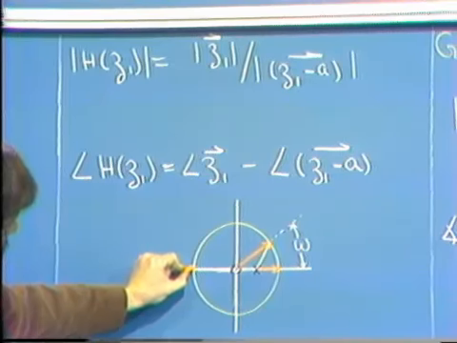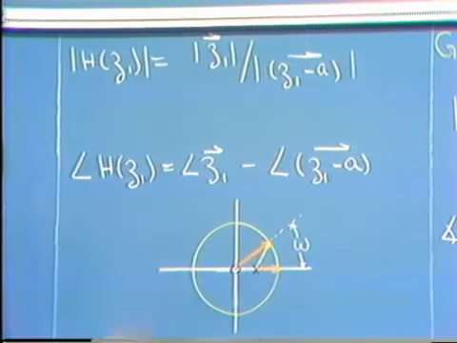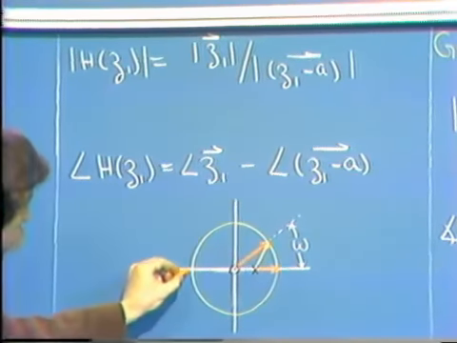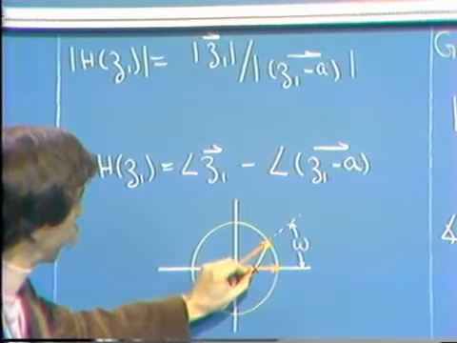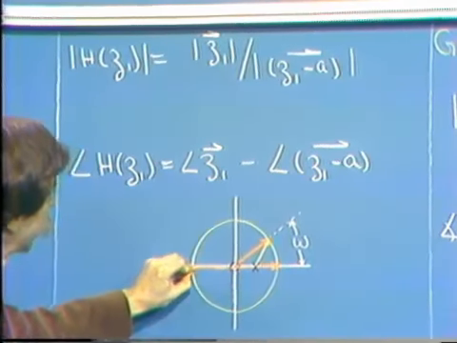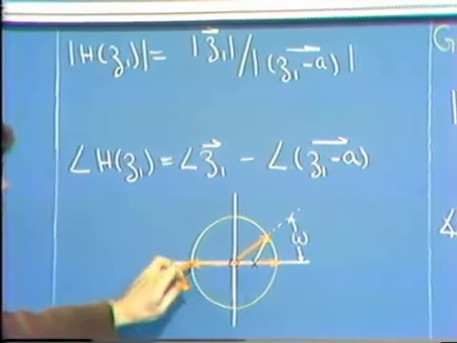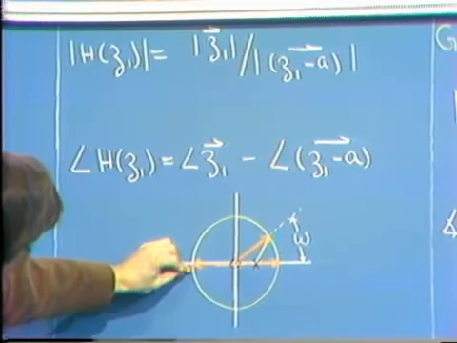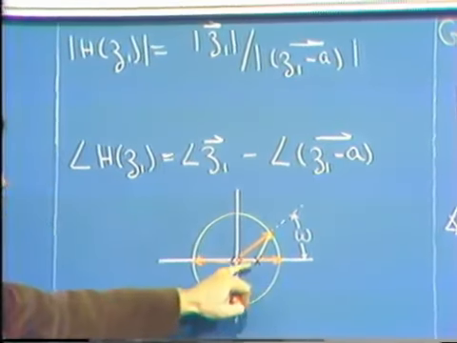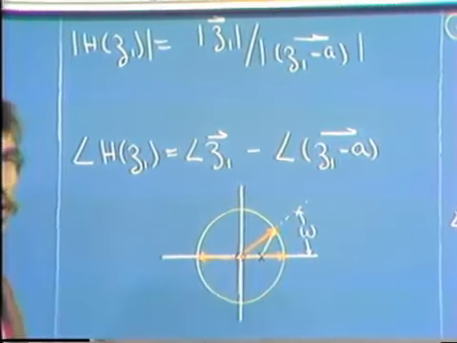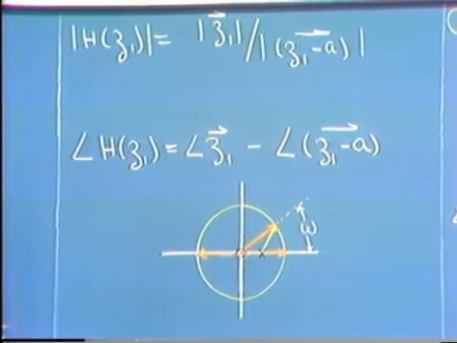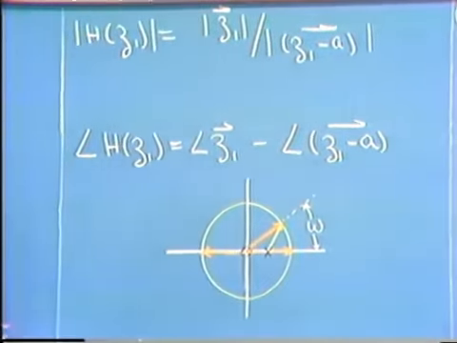At omega equal to pi, we have exactly the reverse situation. The length of the vector from the pole, and let me draw that vector, from the pole to omega equals pi, as we sweep around back to omega equals 0, the length of that vector decreases, so the magnitude of the frequency response increases.